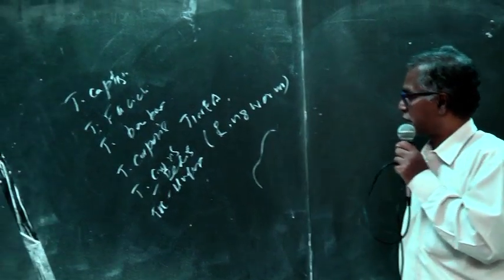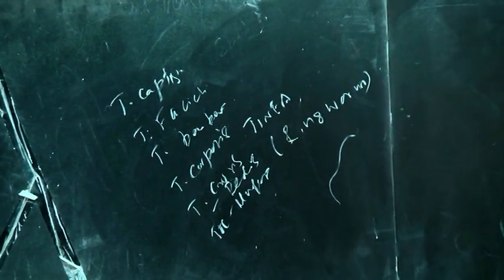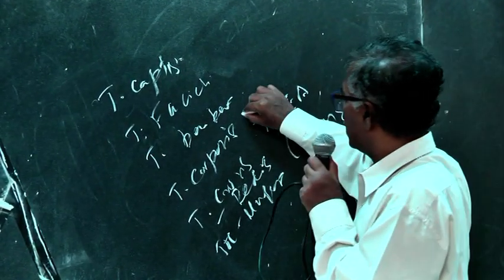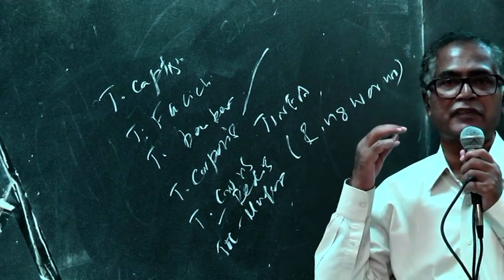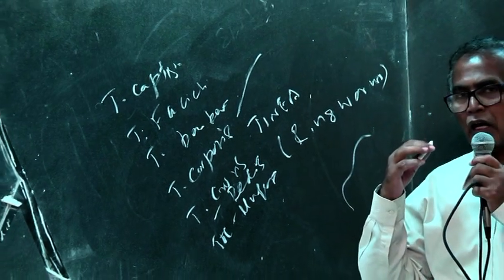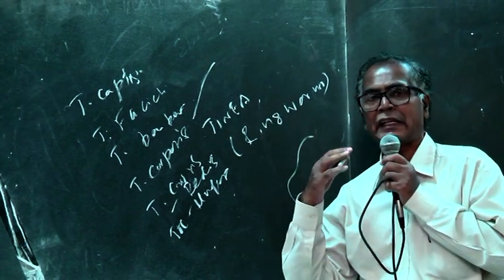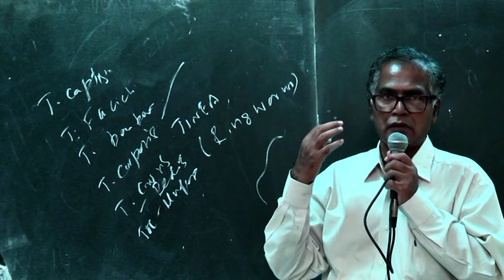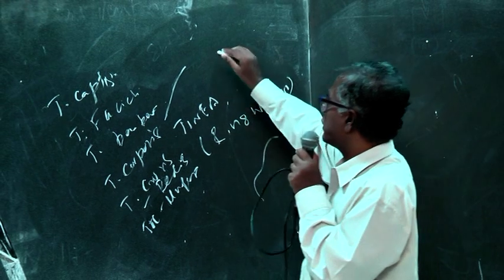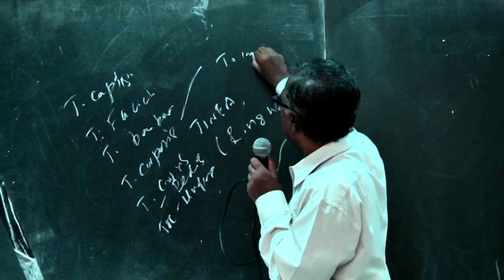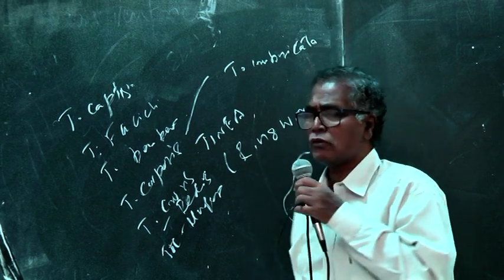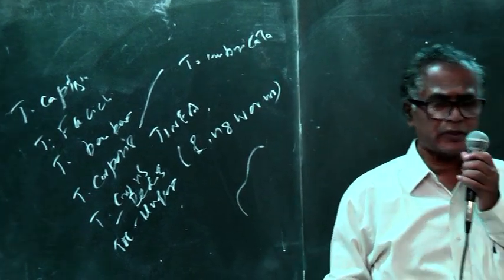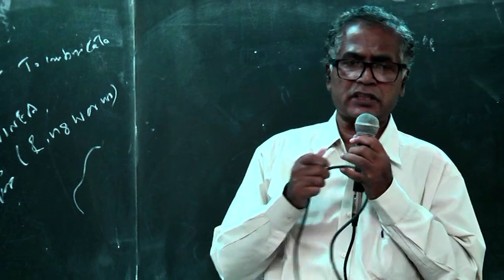Then the same tinea corporis in tropical countries produces a specialized feature called concentric rings of infection. So it is called tinea imbricata. These are the different names for the same dermatophyte that causes infection.